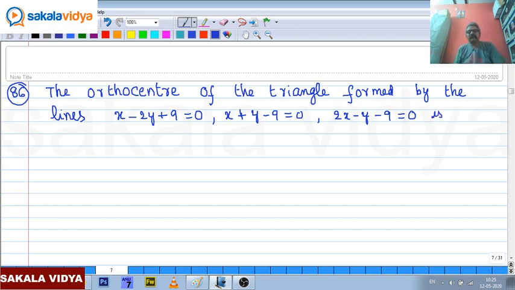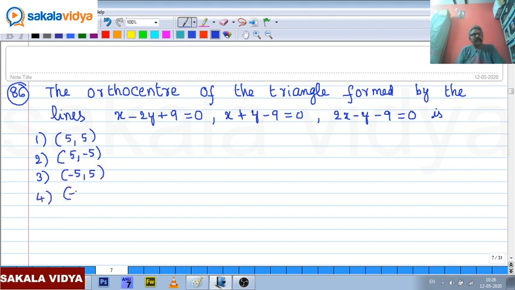First option 5 comma 5, second option 5 comma minus 5, third one is minus 5 comma 5, fourth option is minus 5 comma minus 5.